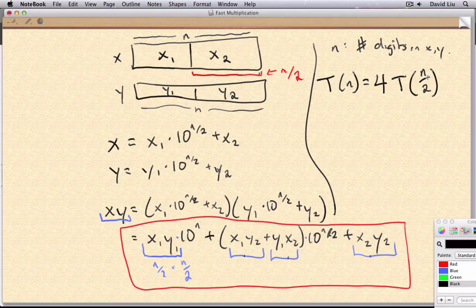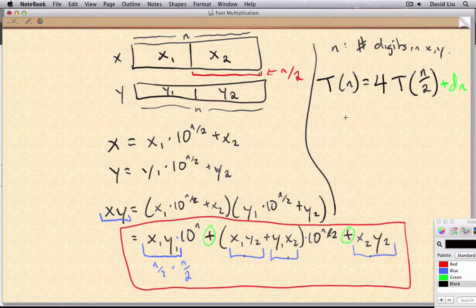And then what's the non-recursive cost? Well, I already said that multiplying by powers of 10 is constant time, but keep in mind that we still have additions as well. So in fact, the non-recursive cost is linear, because as you remember from a few minutes ago, we can add n-digit numbers in linear time.